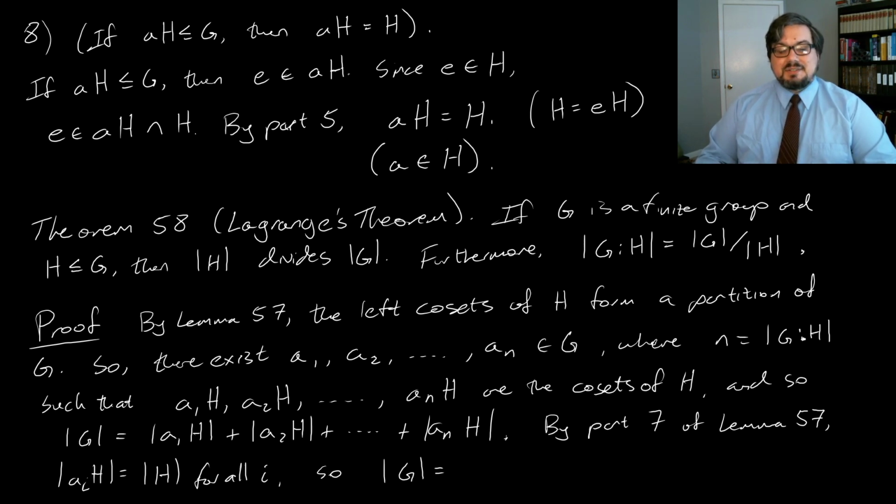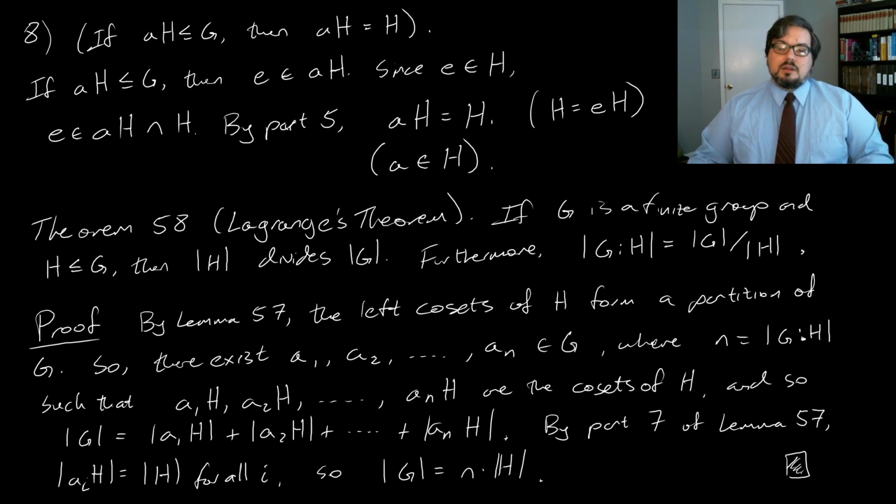Its cardinality is the cardinality of H, or in other words, the order of H. And so we're adding up n of those, and so we just get the order of G is equal to n times the order of H. But that's precisely what the theorem was asking for. It's just rearranged. So n is the index of H in G. And so if the order of G is equal to the index of H in G times the order of H, that's the same as the equation that we were given above. So as you see, the work going into Lagrange's theorem is basically all coming from the previous lemma.